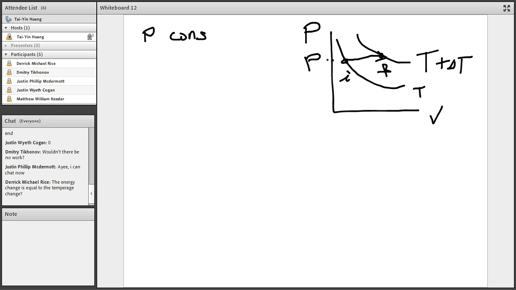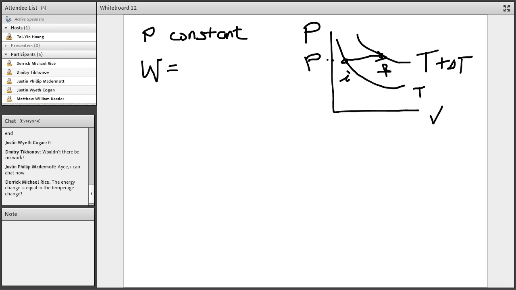Now again, the important question we want to ask is how much work is involved when the gas is going through this constant pressure process, how much heat is being transferred, and what is the change in internal energy. Whenever we're working with a PV diagram, these are the questions we want to ask and the answers to find. So how much work is being done by the gas when you have a constant pressure process?